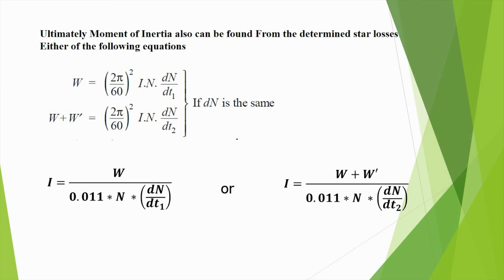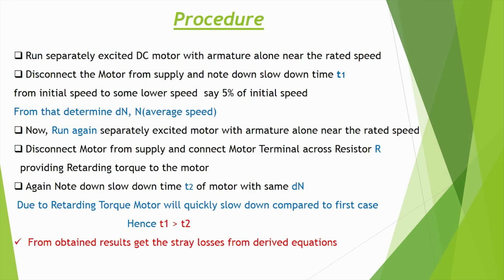We have two equations: the first one without connecting the resistor, and the second one connecting the resistor as soon as the switch disconnects from the supply. The procedure is as I have already explained. First we run the motor near the rated speed, then we disconnect the motor and obtain the slowdown curve, which is speed versus time.